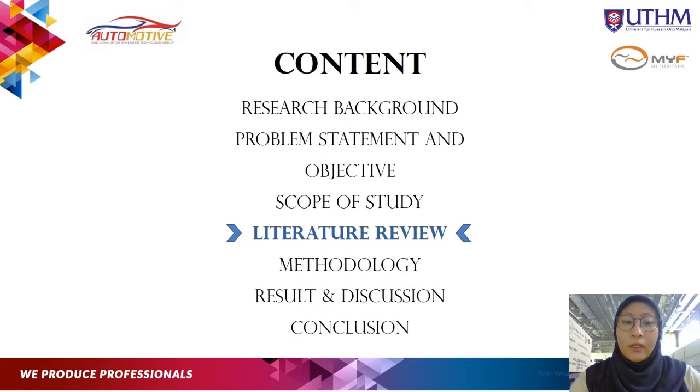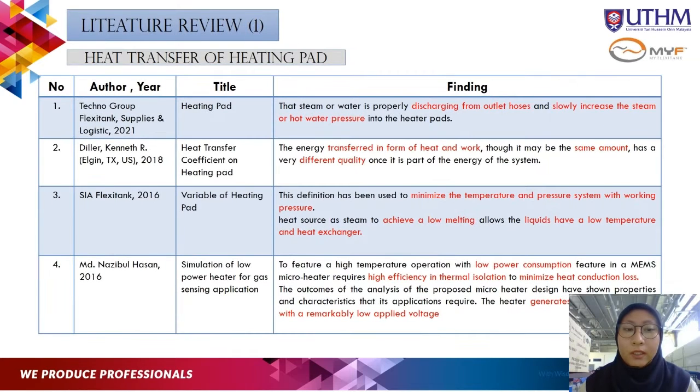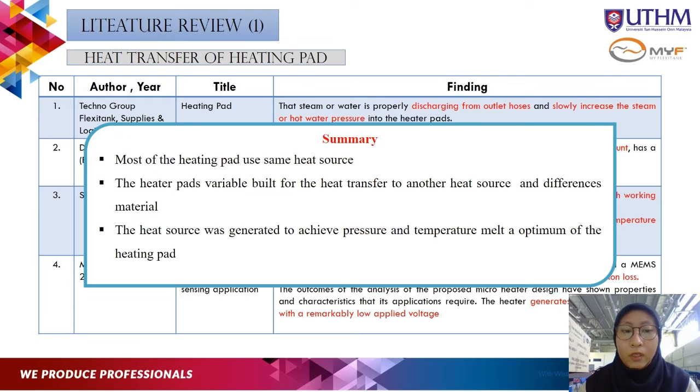Next, the literature review. Number 1 is heat transfer of the heating pad. From the summary of this literature review, most heating pads use the same heat source. The heating pad is built for heat transfer to another heat source and different materials. The heat source is generated to achieve the pressure and temperature that meet the optimum of the heating pad.